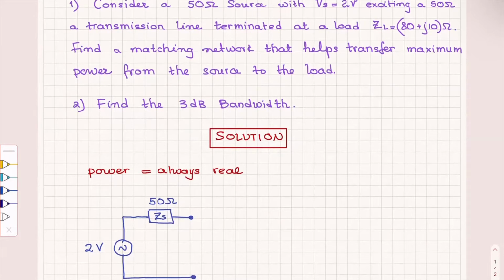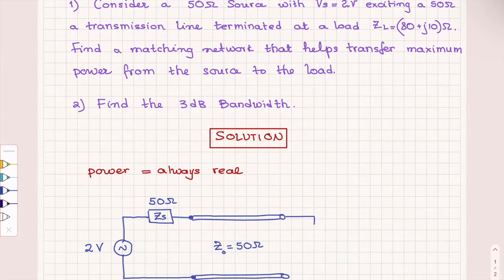Then here I have initially a transmission line. The transmission line has a characteristic impedance of 50 ohms. And this transmission line is, I don't tell you how long it is, but this transmission line is terminated at a load. And the load is complex.